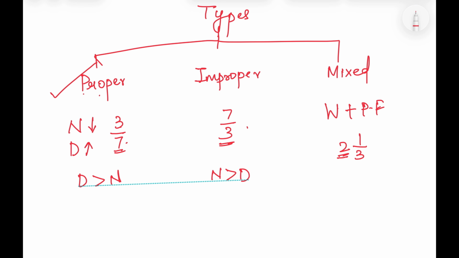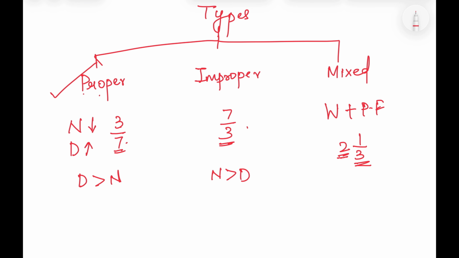It has a whole number, as I told you, and a proper fraction. 1 by 3 is a proper fraction and this is a whole number. So in a proper fraction, the denominator is greater than the numerator. In an improper fraction, the numerator is greater than the denominator. And in a mixed fraction, we have a whole number and a proper fraction. So these are the types of fractions.